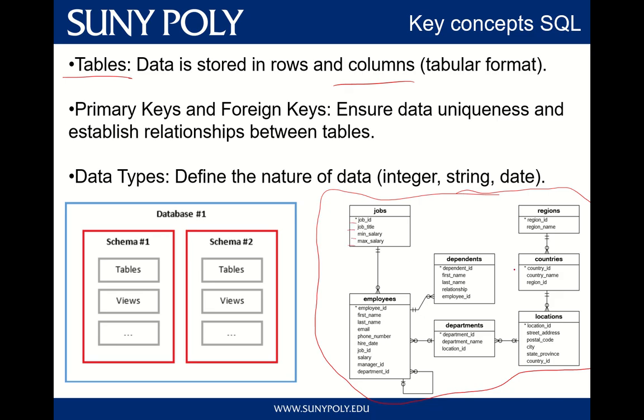And we have the connections, how each table is connected to each other. Keys are how we are able to connect those tables. For example, here in jobs we have job ID, and here in employees we have job ID, so we can connect them using this variable.